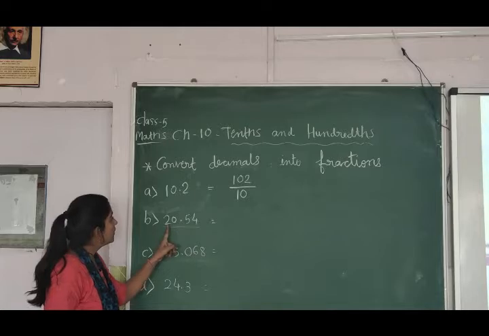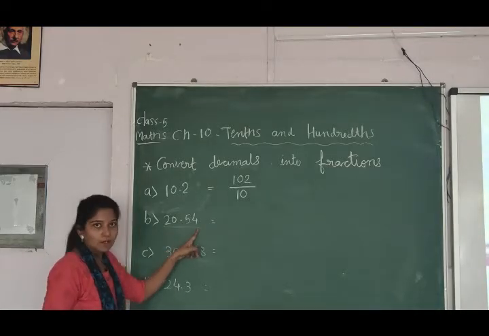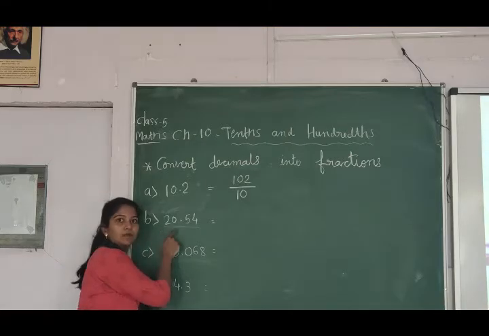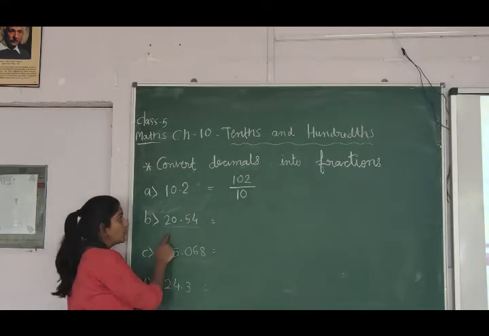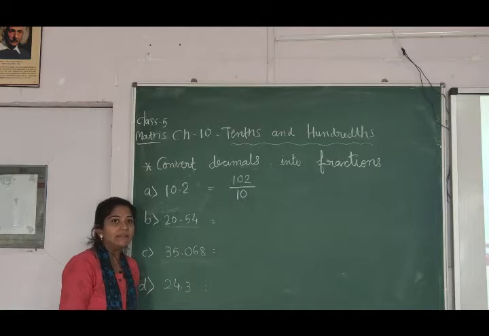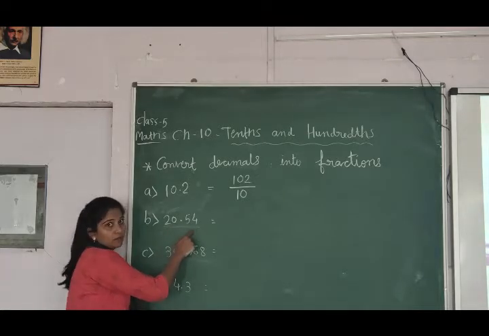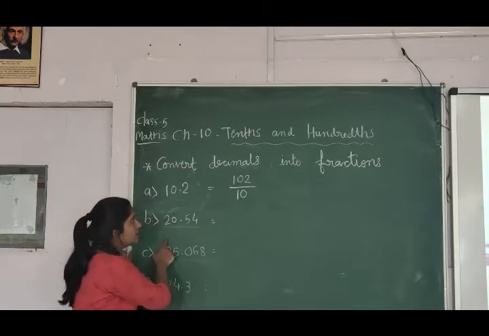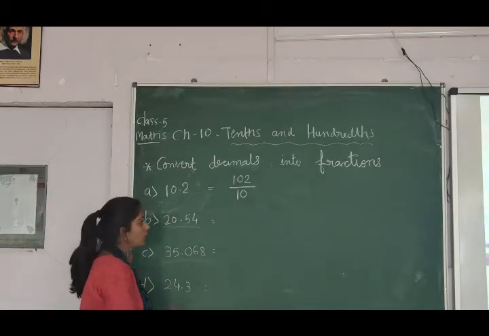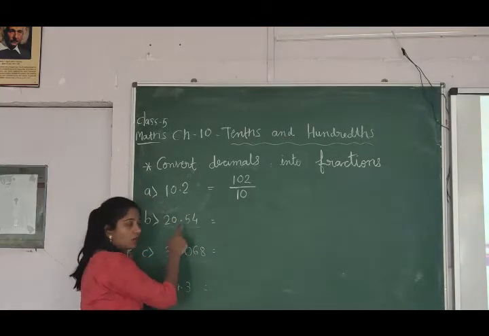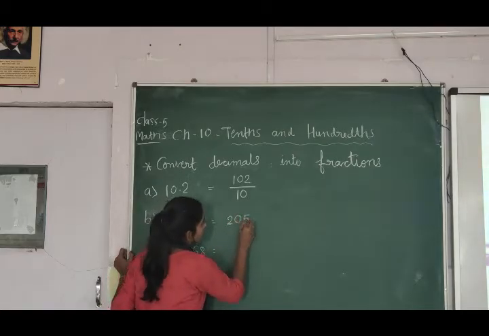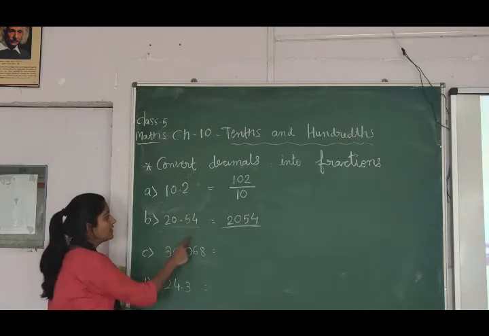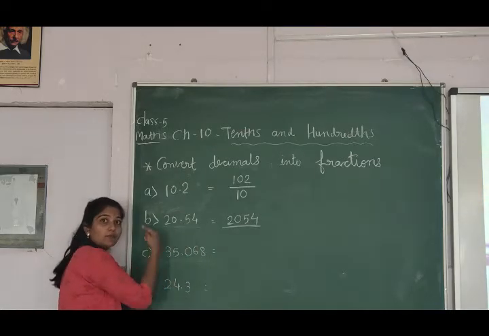Now the second example, 20.54. Again, you have to practice how to read these decimal forms. You will not read it as 20.54 but as twenty point five four. To convert this decimal into a fraction, you have to remove the decimal point, so 2054, and for the denominator you look at the digits after the decimal point.